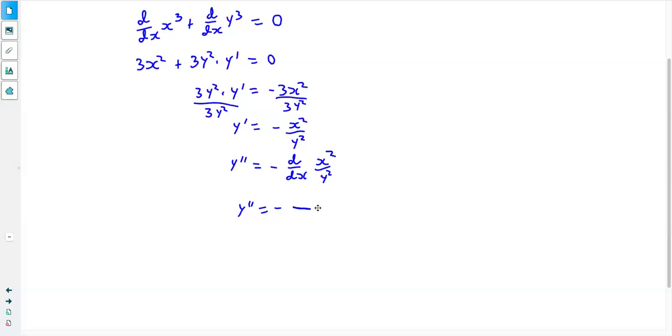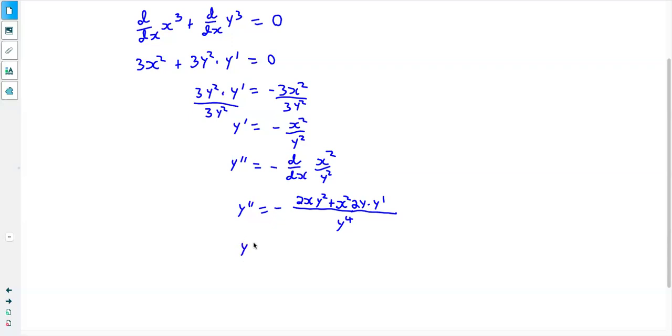So therefore, we have the derivative of this, which is 2x times our denominator, plus, this, so x squared, times the derivative of our denominator, so 2y times y prime, over our denominator squared, so over y to the power of 4.